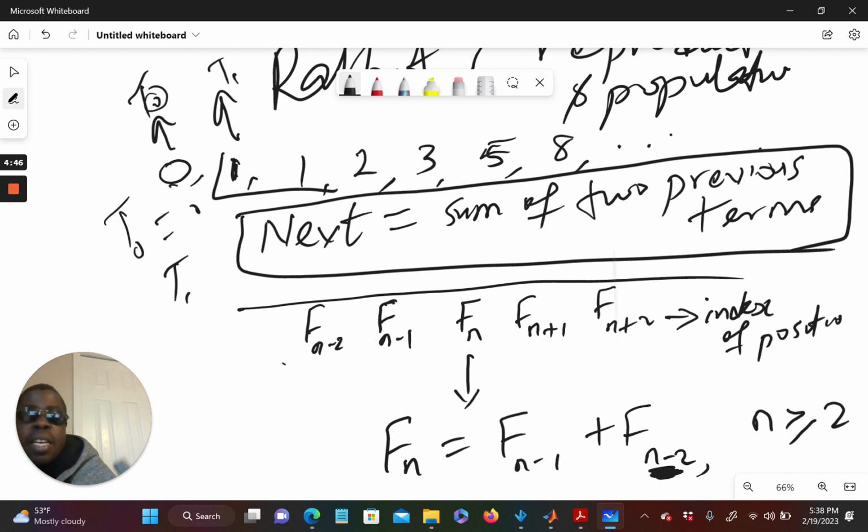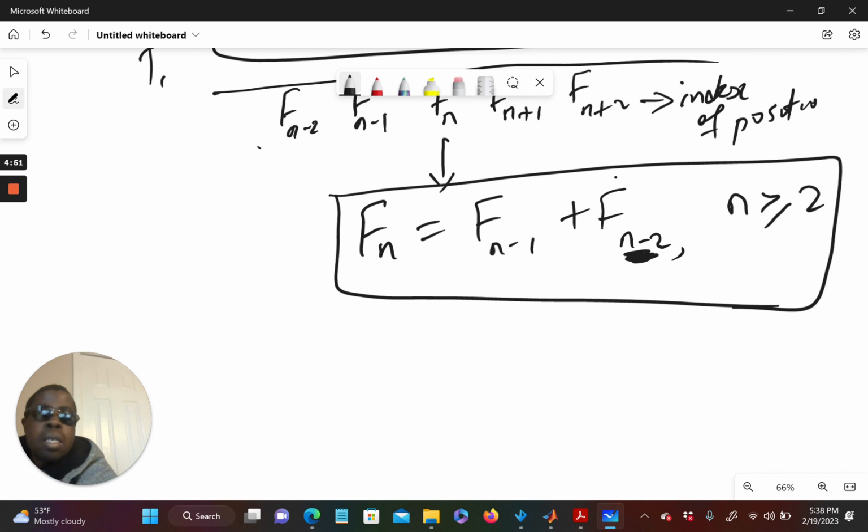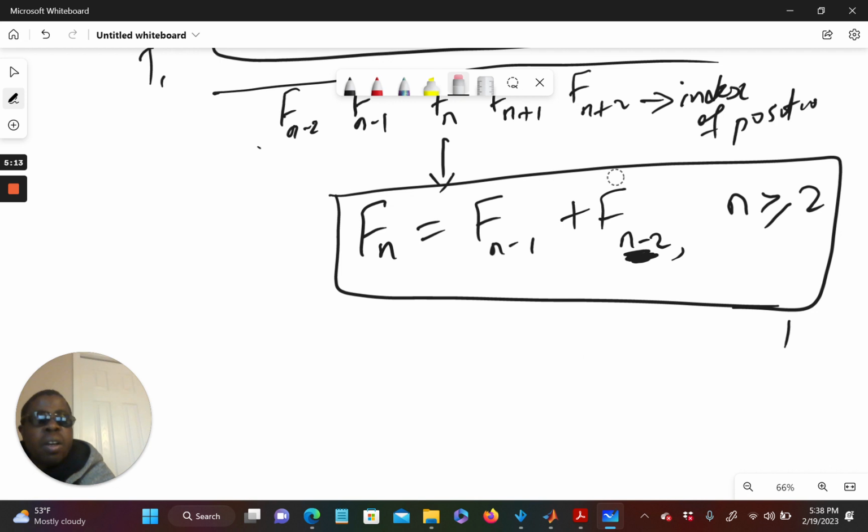So you have this sequence with these two initial conditions, T0 to be 0 and the value of T1 is 1. That is just the value of the first two terms. In fact, I should use F. Sorry about that. Your F0 is 0 and F1 equals 1.